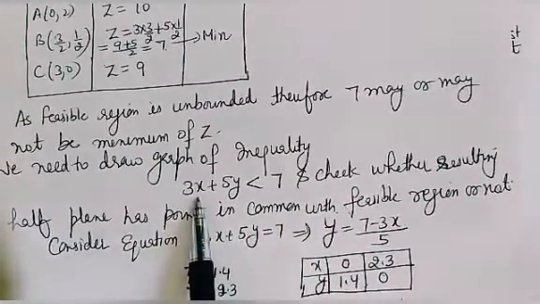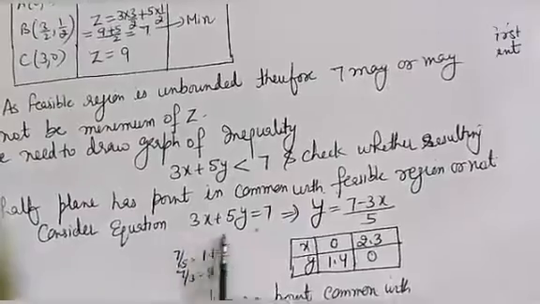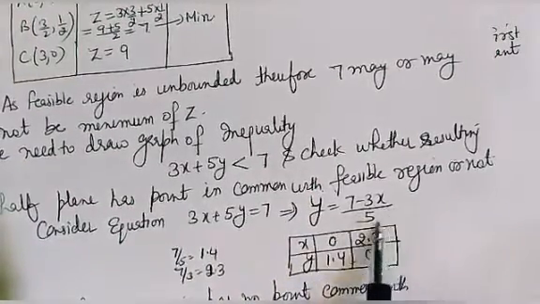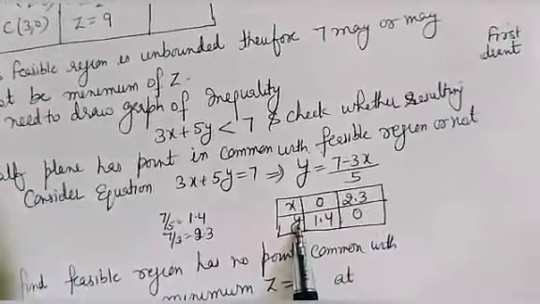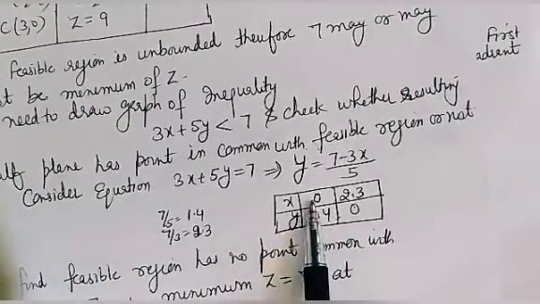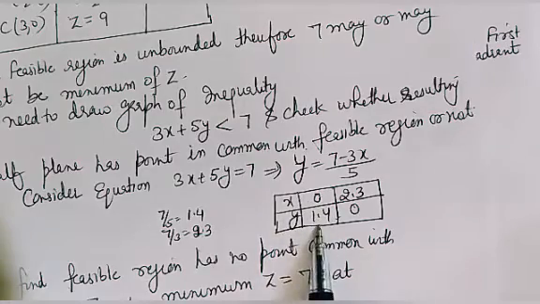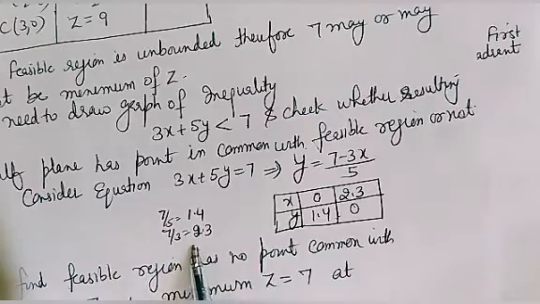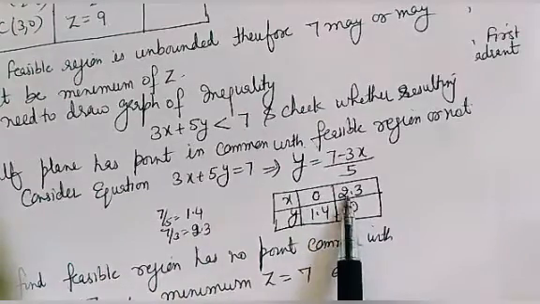For it, again I need to consider the equation. So the corresponding equation is 3x plus 5y equal to 7. So y is (7 minus 3x) by 5. I just need to get the values so that I can check where it is touching the x and y axes. So at x equal to 0, y is turning out to be 7/5, that is 1.4, and at y equal to 0, x is 2.3.